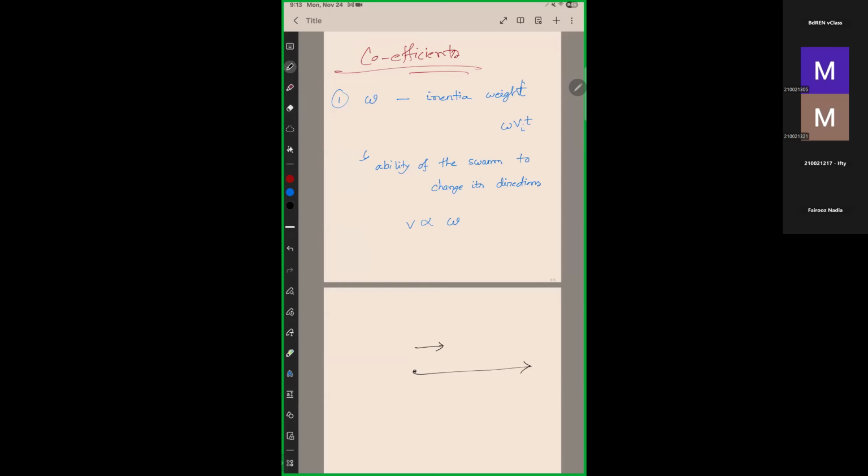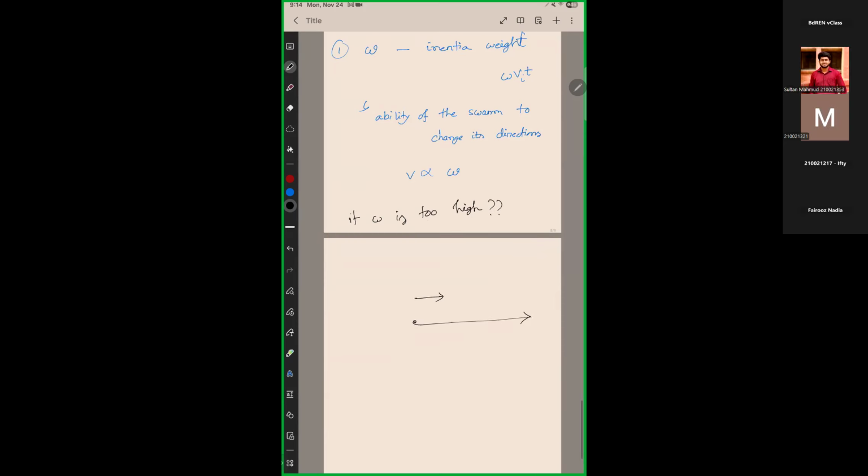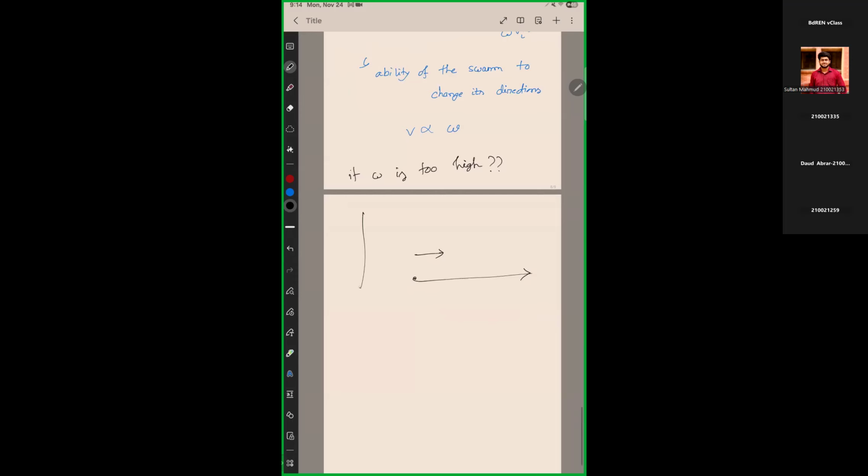আচ্ছা, now the question is, if W is too high, তখন কি হবে? ও হচ্ছে ওই দিকেই যাইতে থাকবে, মানে ও যেদিকে ভেলোসিটি যাচ্ছে। ভেলোসিটি অনেক বেশি হবে। তার মানে কি হচ্ছে, ভেলোসিটি বেশি হলে ডিরেকশন ফিক্সড থাকবে, স্পিড বেশি হবে। এক্সপ্লোরেশন বেশি হবে। আচ্ছা, so if your omega is too high, there will be more exploration.